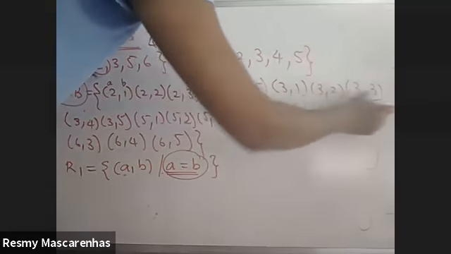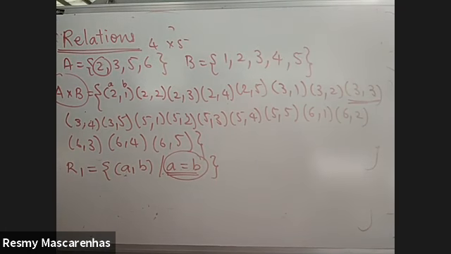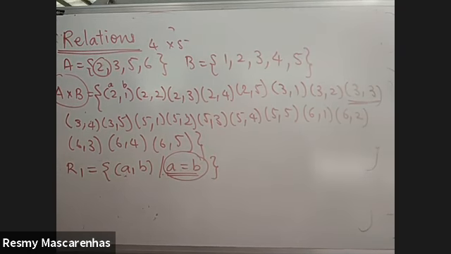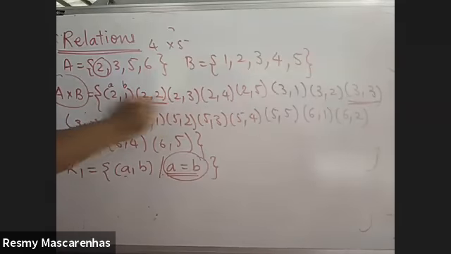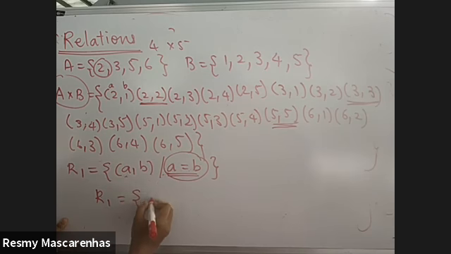Over here (3, 3). Then (2, 2). And (5, 5). So only those pairs you have to write, and this is called a relation.